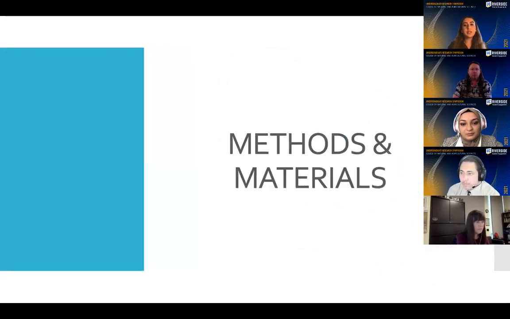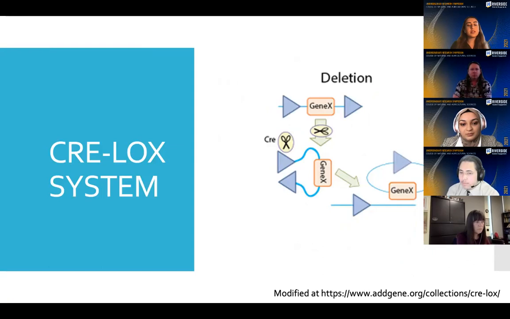So some methods and materials that we used to figure out the impact of the Cas gene. So we specifically use the Cre-Lox system. So the Cre-Lox system, we use this to remove the Cas gene and see the impact that it had on pontine neuron migration. So we use the Cre gene right here to come, and it specifically cuts at the LoxP sites, which are represented by these blue triangles.